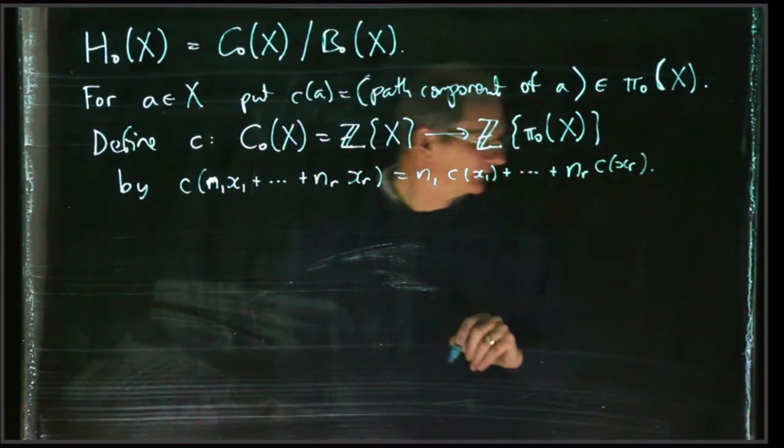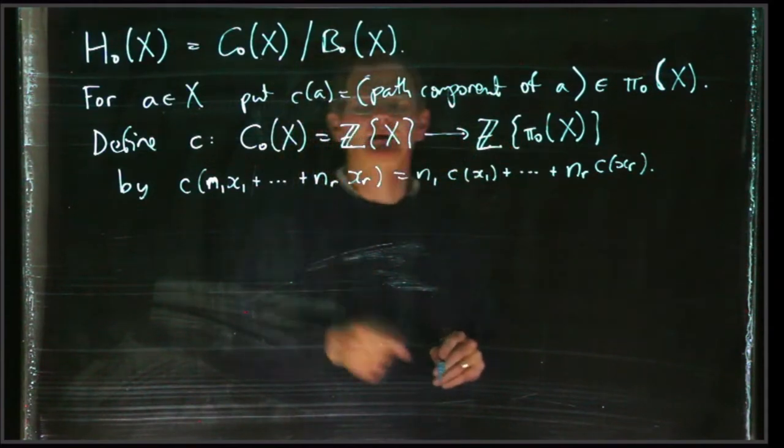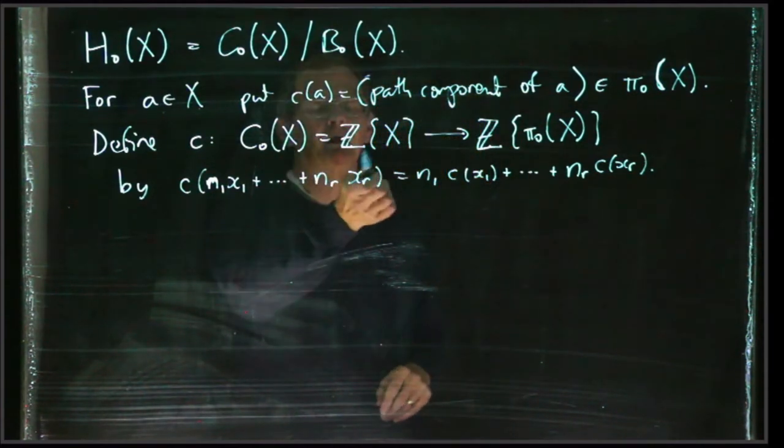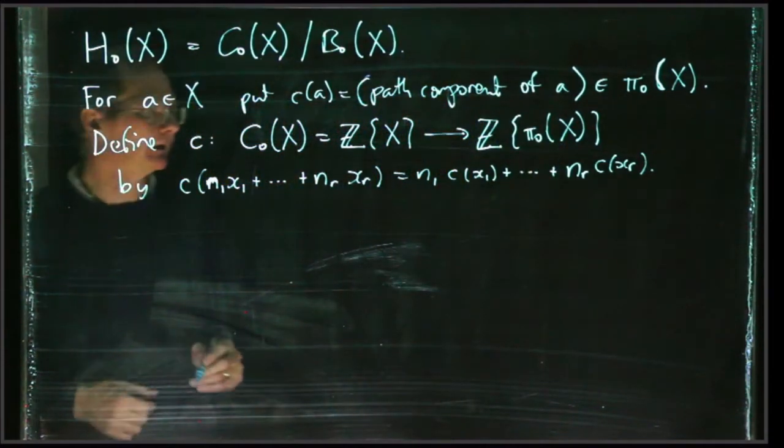We've got this function from X to pi 0 X, and we just extend it linearly to get a map from Z X to Z pi 0 X, like so.